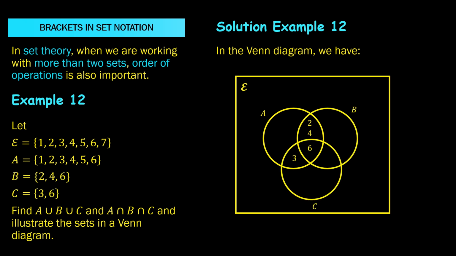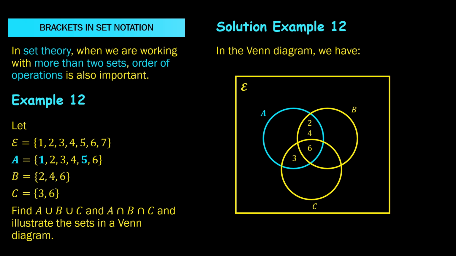Now let's consider each set individually. A consists of all the whole numbers from 1 to 6. We've already considered 2, 4, 6 and 3. What's left? Only 1 and 5 are left.